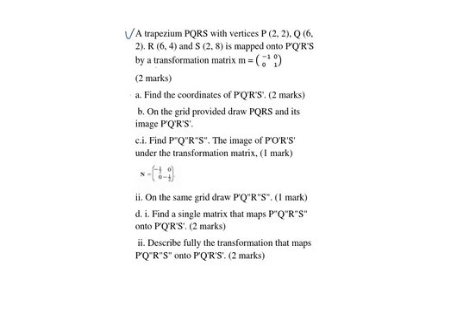So we use the formula: matrix multiplied by the object coordinates should give us the image coordinates. So we have a 2 by 2 matrix which is [-1 0; 0 1].